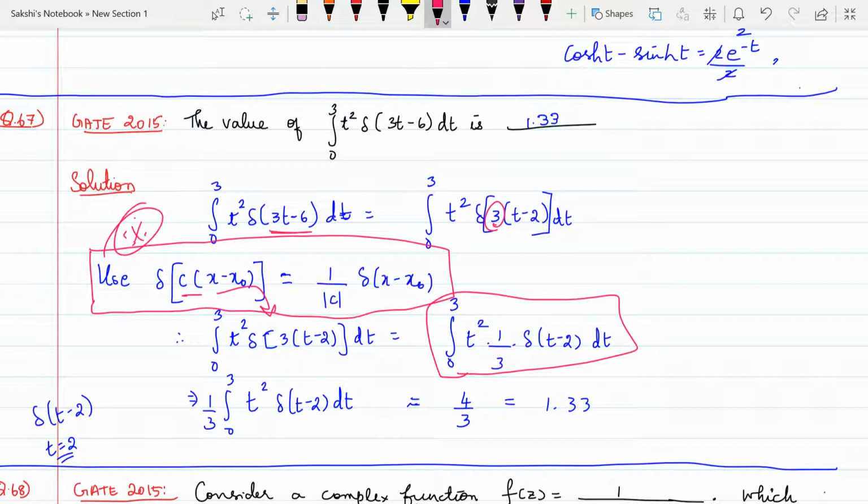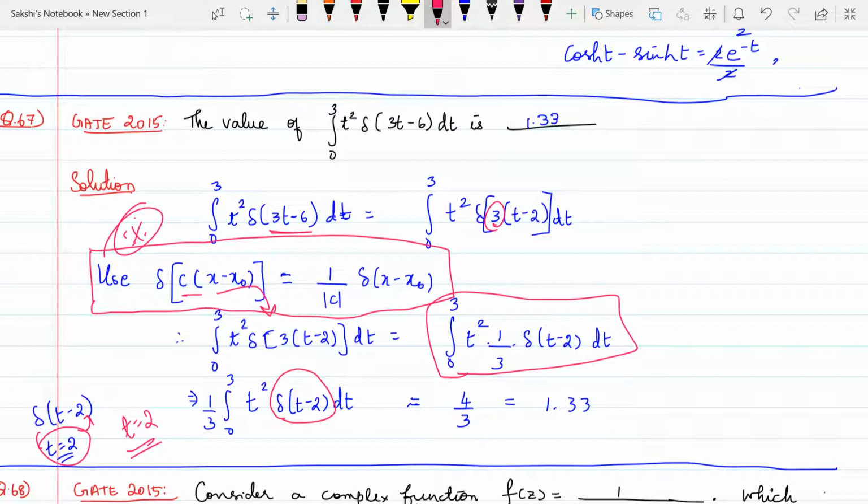Now the remaining thing is that I have 1 by 3, integral from 0 to 3 of t square delta of t minus 2 dt. Now I have to see at what value of t my delta function gives me a spike. At t is equal to 2, my delta function will be infinite and it will rise up.